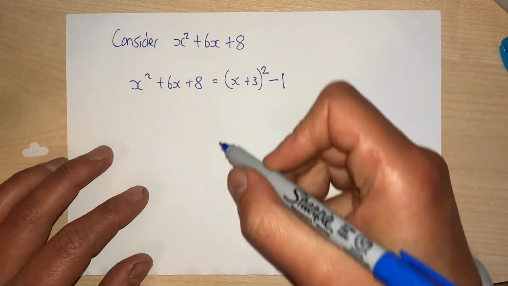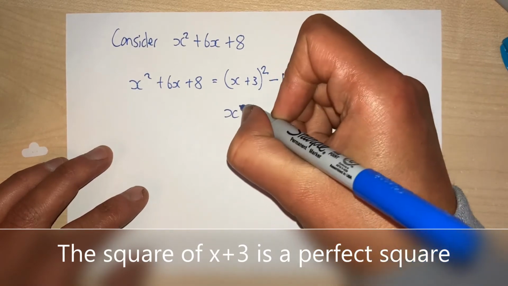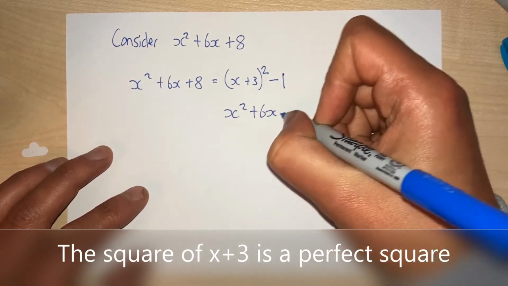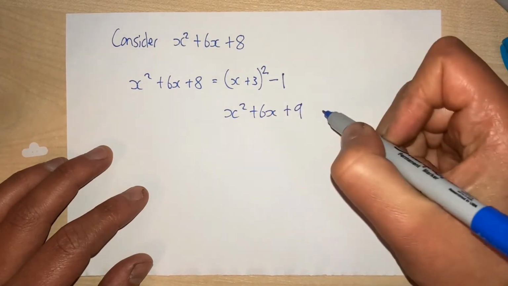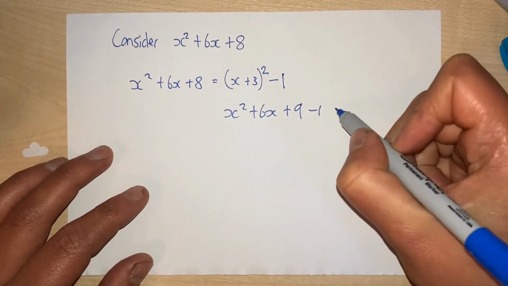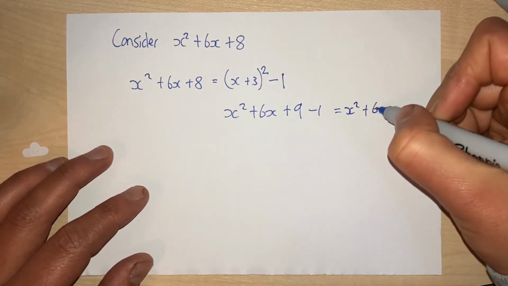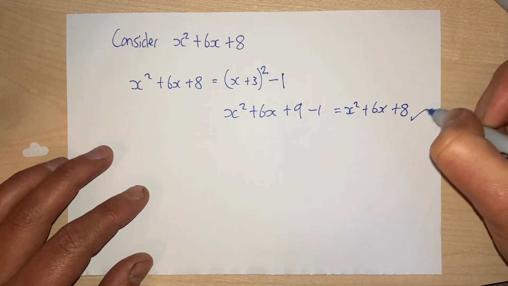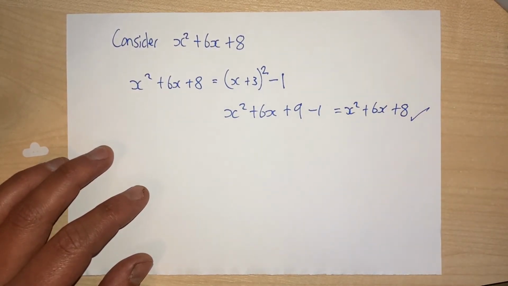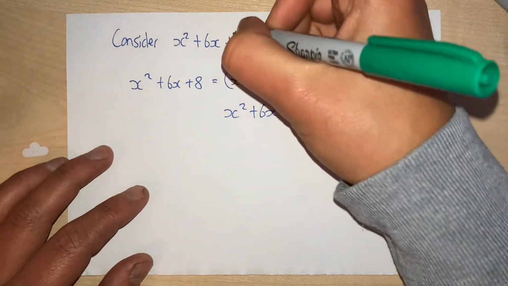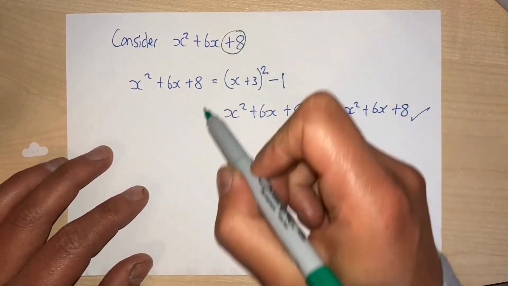Let's check this now. The square of x plus 3 is x squared plus 6x plus 9, but we need to take away 1 so that we get what we started with, x squared plus 6x plus 8. And what we're trying to do is find the difference between our expression and what we get with a completed squared form.